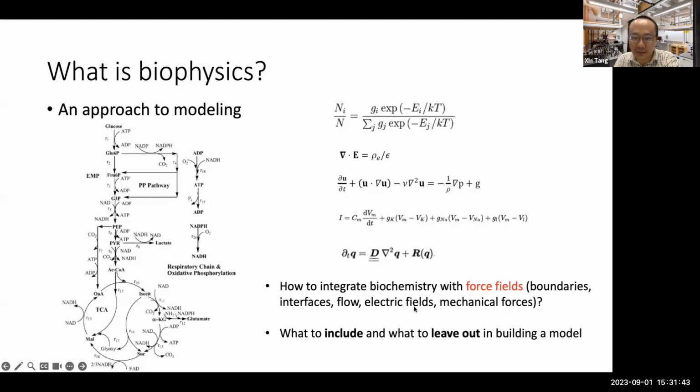What I'm saying here are governing equations based on those different conditions and different force fields. Then we should decide which parameter should be included in the model, which one should not be included, and then generate the final integrated model to describe the biological process. So this is a very, very useful way to understand the living system.